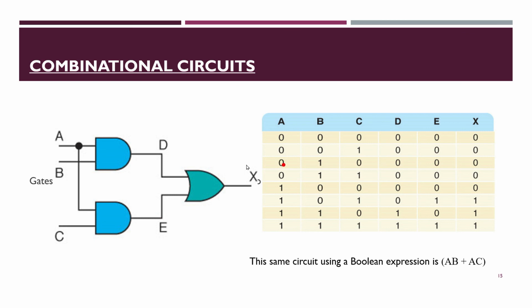So the D value will be equal to A dot B, and the E value will be equal to A dot C, and X will be equal to D plus E, because as it is an OR gate, it is going to be D plus E. So 0 plus 0 is 0, and in all those cases it is going to be 0. 0 plus 1 is 1, 1 plus 0 is 1, and 1 plus 1 is 1. So this is how many combinational circuits can be carried out with the help of different logic gates. So this is all about the logic gates.